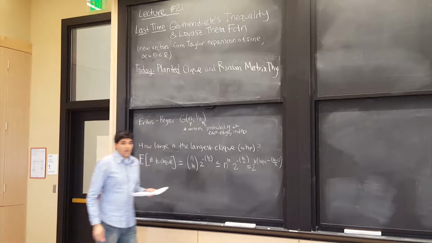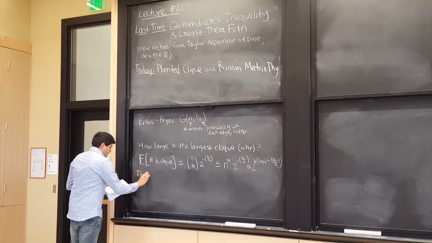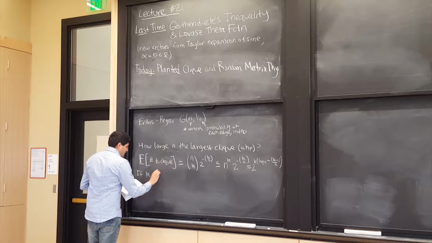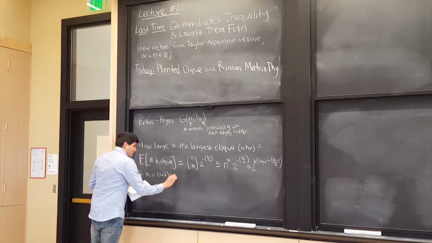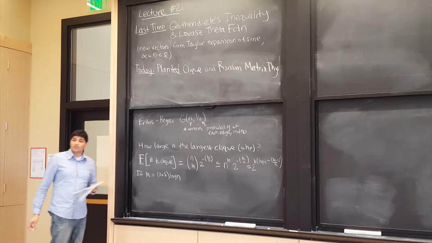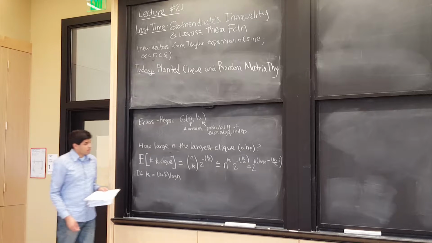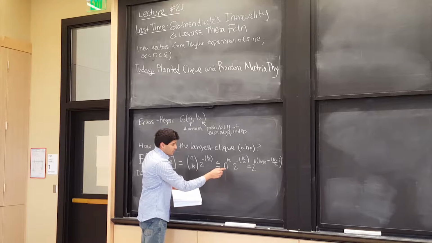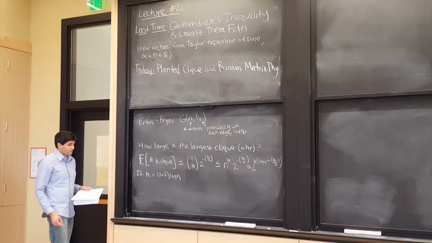So the important thing is that if we set k to be just a little bit larger than 2 log n, where we think of delta itself as being a small constant, like 0.01. By log, you mean log base 2. Log base 2, yes. Because here what I did was take the n and put it in the exponent, so I get it as 2 to the k times log n.